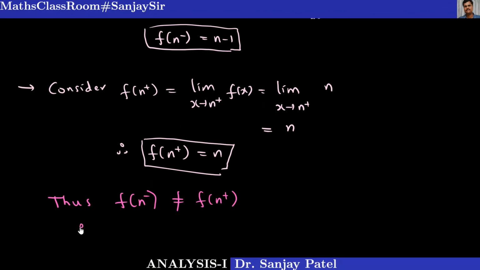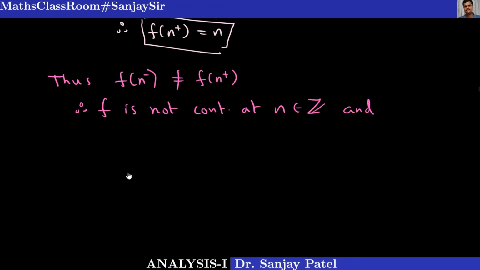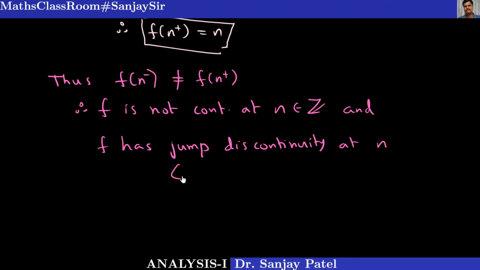So therefore, f is not continuous at n, at x equal to n, which belongs to Z. And since left and right limits are both existing but not equal, it follows that f has a jump discontinuity at the point n, or you can also say a first kind of discontinuity at the point n.